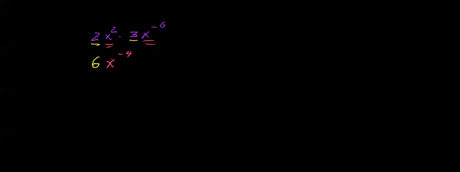In your work, you will always be told, do not leave answers with negative exponents. We always want positive exponents. So this is equal to 6 over x to the fourth. We multiply the integers separately, we multiply the like bases, and then we make the exponents positive by moving the numbers.